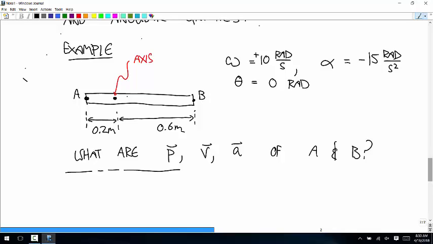If you think about the fact that every point on a rigid body is moving in a circular motion around its axis. So this point A is moving in a circular path like this. And this point B is moving in a circular path like this. Okay.